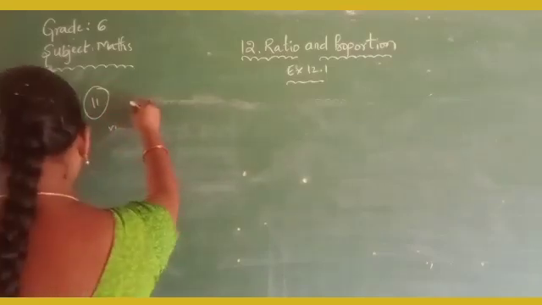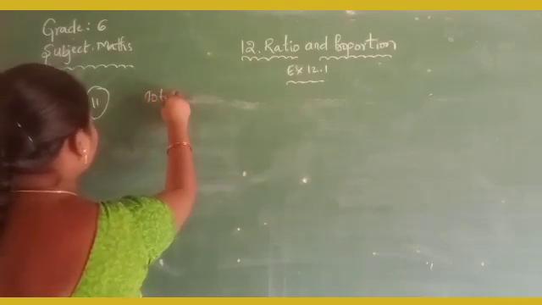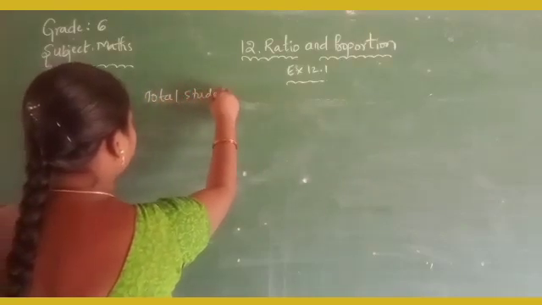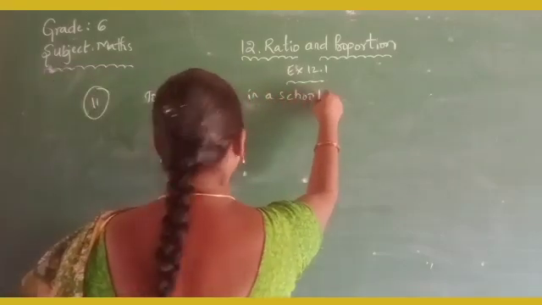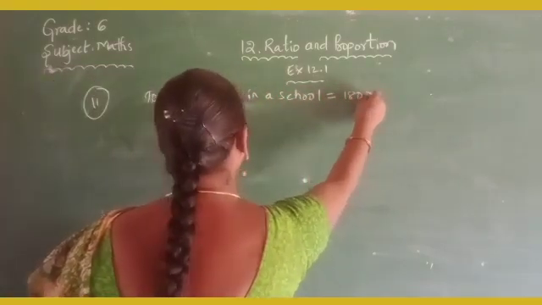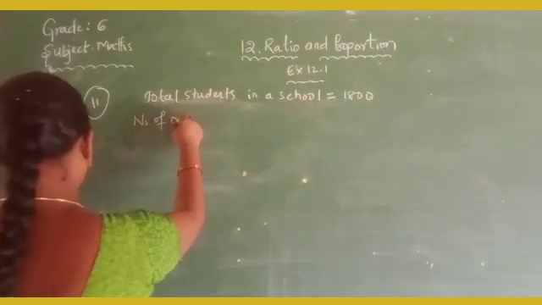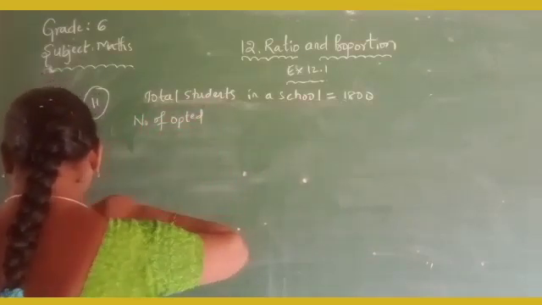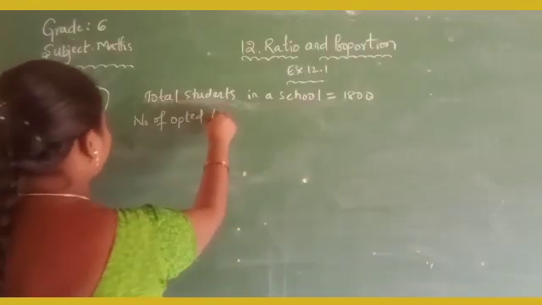See, first the total students in a school are given. What is the strength of the school? 1800. Right. Number of students who opted for basketball.